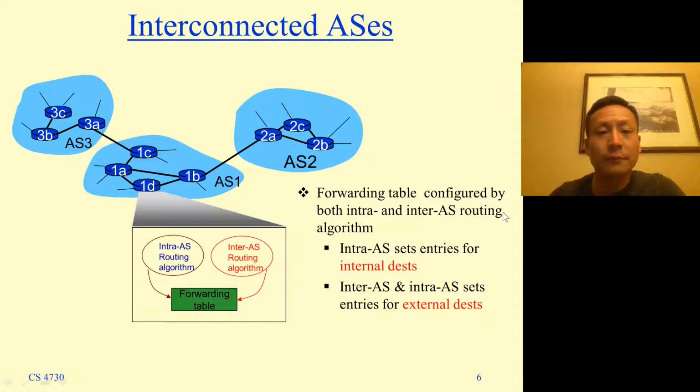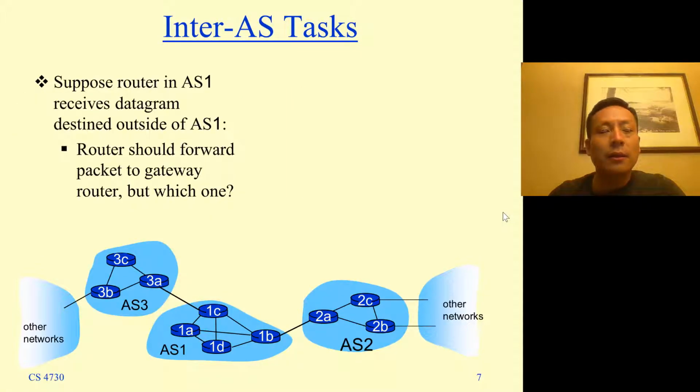So let's suppose a specific network scenario. We have AS1, AS2, AS3 connected, multiple networks, and we want to understand the inter-domain routing tasks.